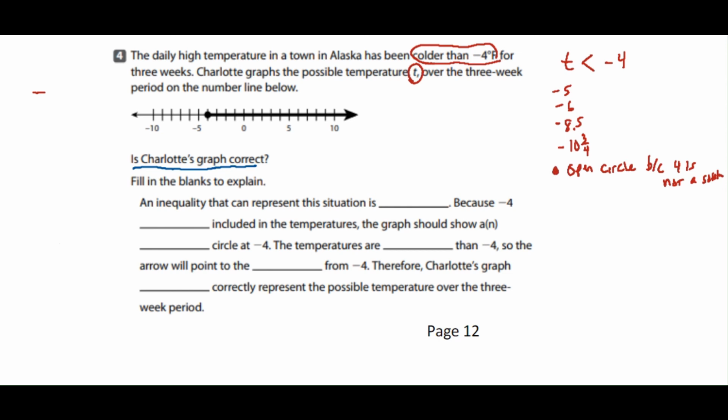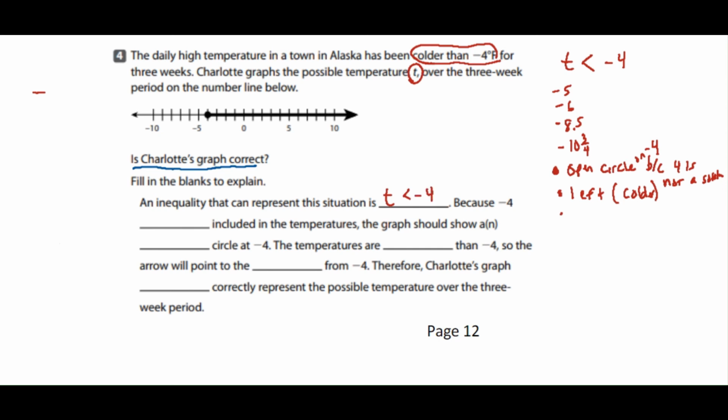We also need a ray going, it says the temperatures are colder. So the ray should go to the left because the left is colder. All right. And it needs to be on, obviously, -4. Open circle on -4. All right, so we can see that Charlotte is incorrect. So let's go ahead and answer the question. An inequality that can represent the situation is the temperature must be less than -4.